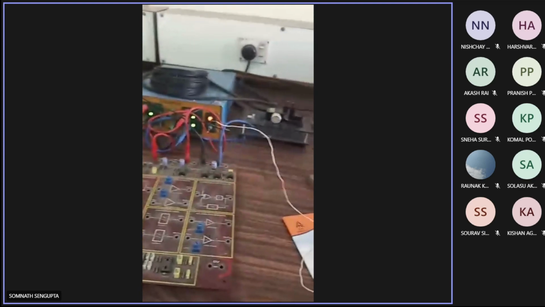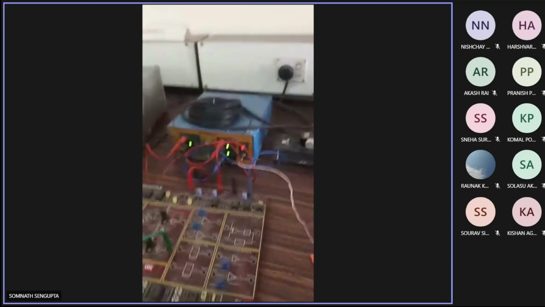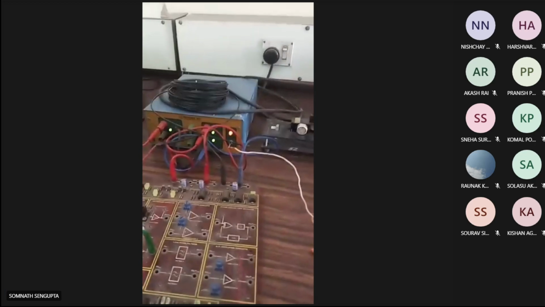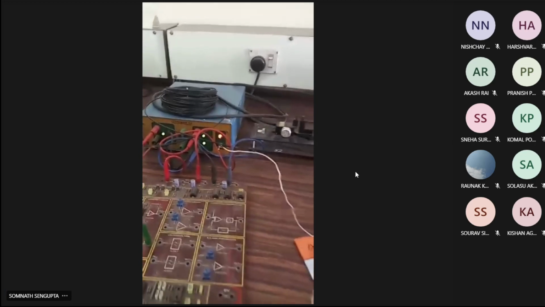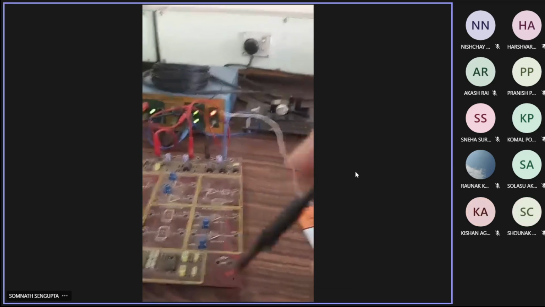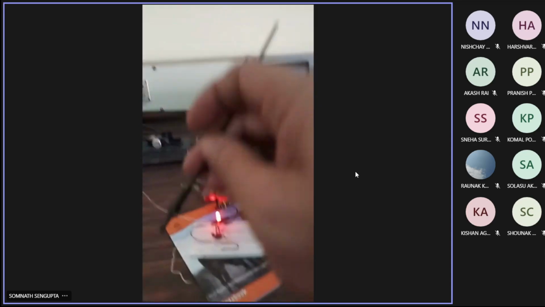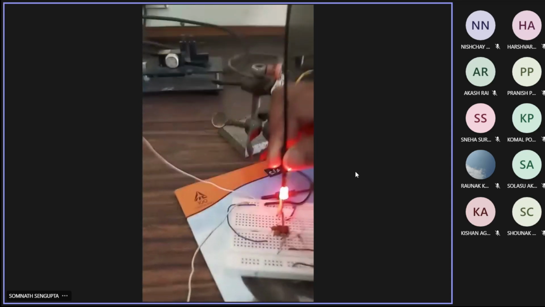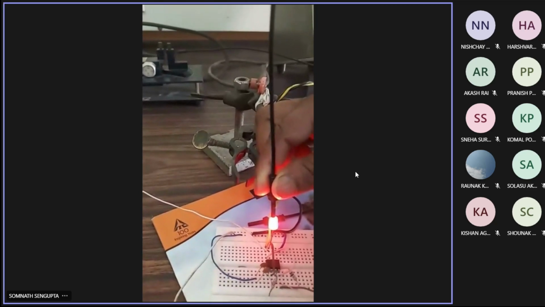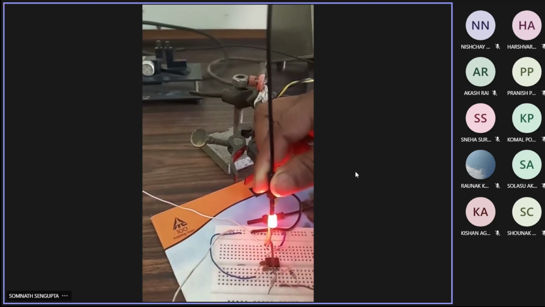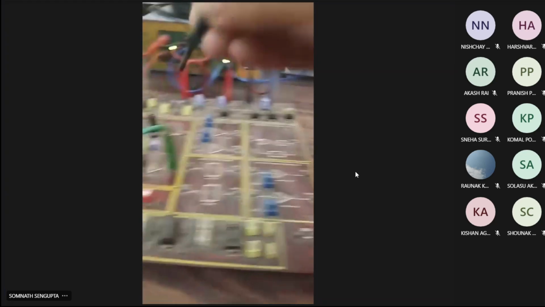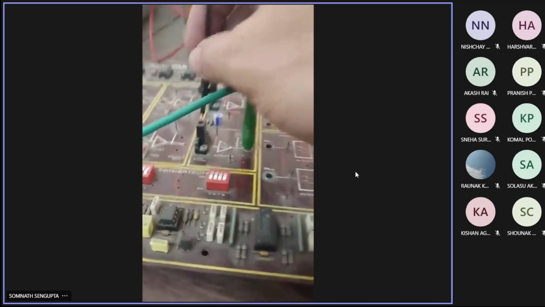Now you see that this is the fiber cable, and this is a 0.5 meter length. We connect the fiber on the top of the LED, and you just place it in the detector.